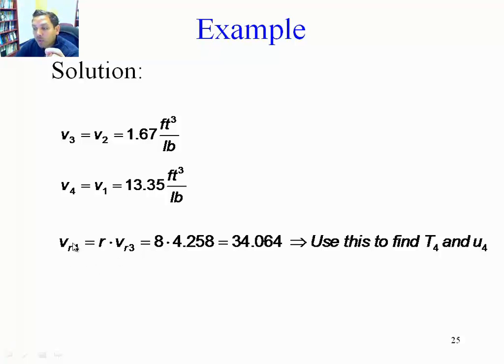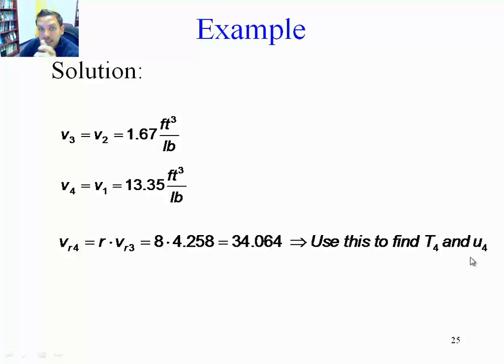The only reason why we can do this is because the process from 3 to 4 is isentropic. That's the only time when the relationship of the VRs holds true. VR3 over VR4 is equal to V3 over V4, and we know that's equal to 1/8. So VR4 is equal to 34.064, and we can use that value to find T4 and U4.